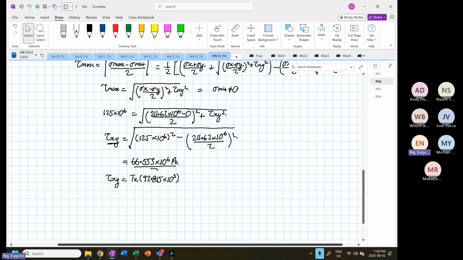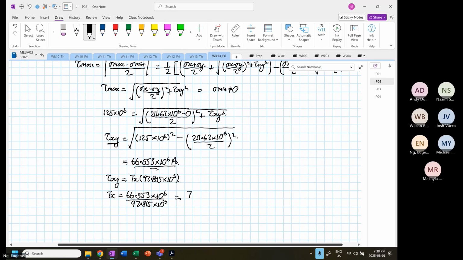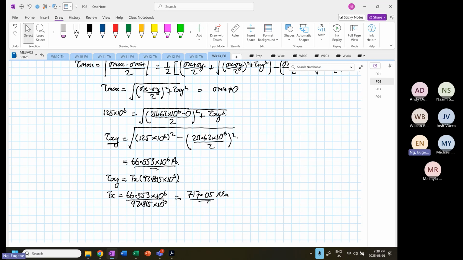So Tx will be equal to 66.553 times 10 to the power 6 divided by 92.815 times 10 to the power 3. So it's 717.05 Newton meter. So this is the allowable torque that you can load onto the system so it will not fail.